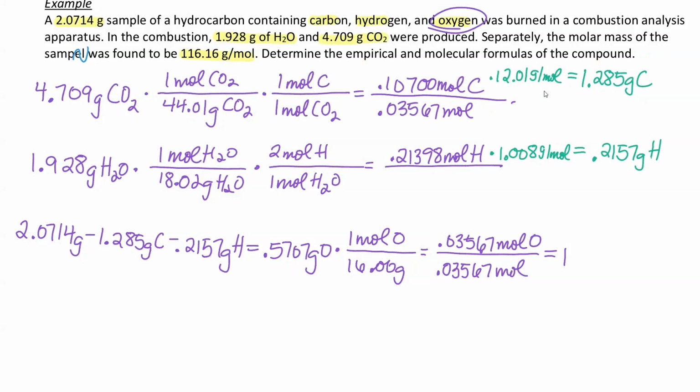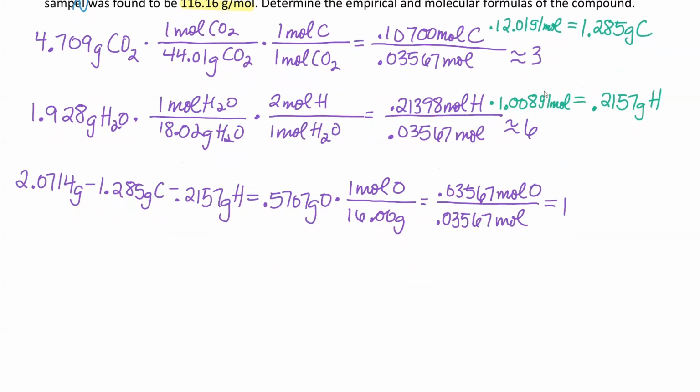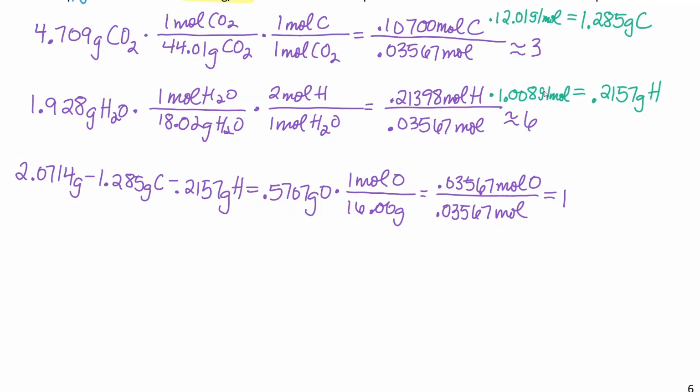In the interest of time, I'm going to go ahead and tell you this is 3 for the ratio for carbon and 6 for the ratio for hydrogen. It's like 2.99 and 5.99. So that means we've got C3H6O.